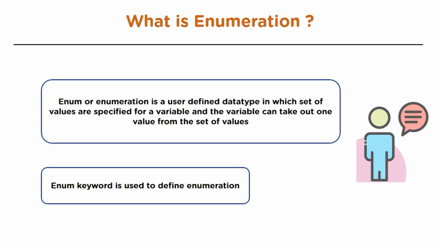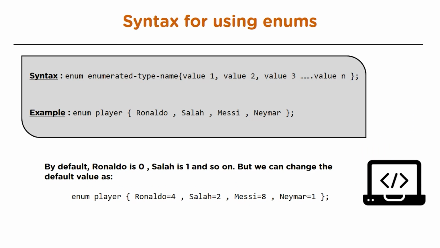Coming to its syntax, which is enum, that is the keyword for enumerated type, then the enumerated type name is written, then under brackets possible values of type enum are written. For example, here the enumeration name is player and values are Ronaldo, Salah, Messi, Neymar, which are the names of players.